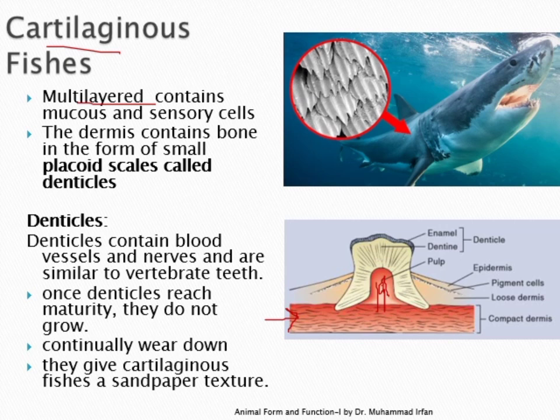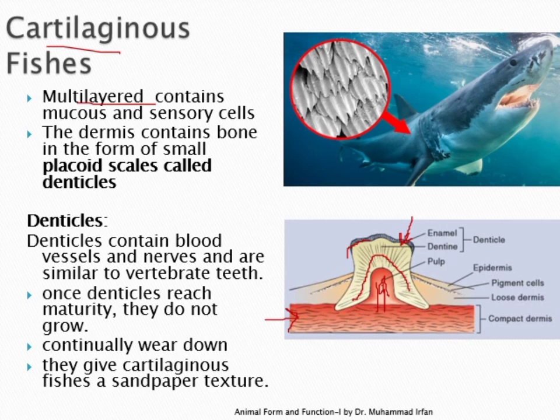Dentine is actually cartilage that is hardened by deposition of calcium. And then the outermost layer of this tooth is an inorganic substance like calcium, and it is making enamel. So this is like the vertebrate tooth. Placoid scales cannot grow in size, but their number can increase when the fish increases in size.